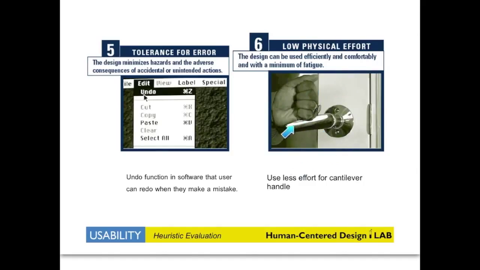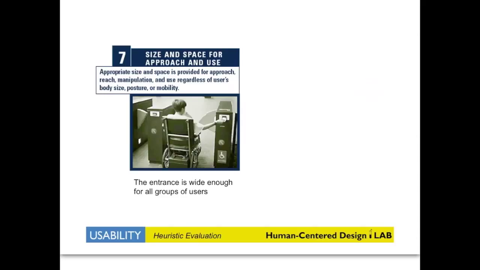For example, you design the cantilever knob so that you use less effort by hand. Size and space for approach and use, like the entrance to, for example, the BTS or the train. It should be wide enough for a wheelchair to go in, and the level should be the same as the hand level.